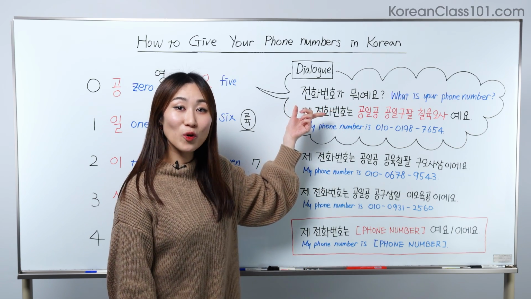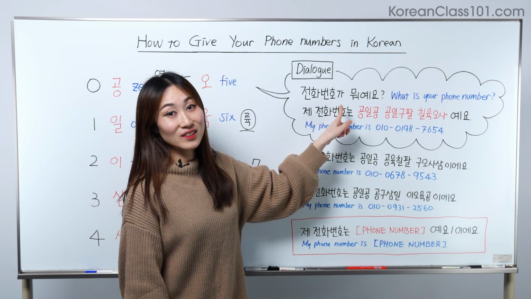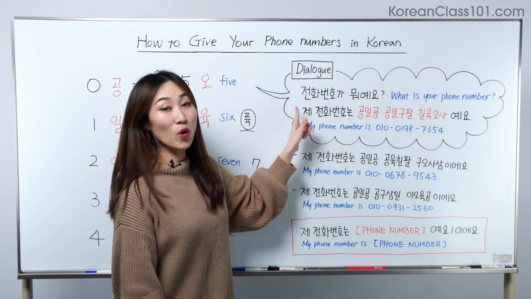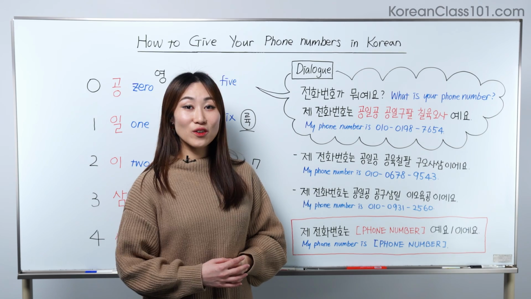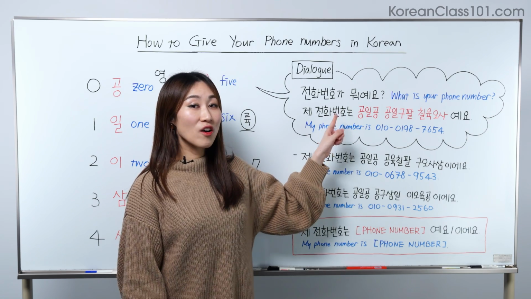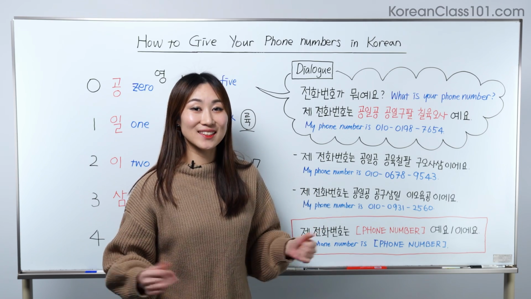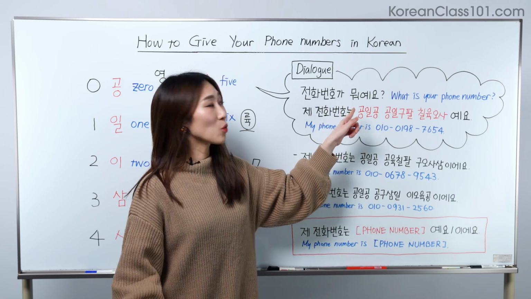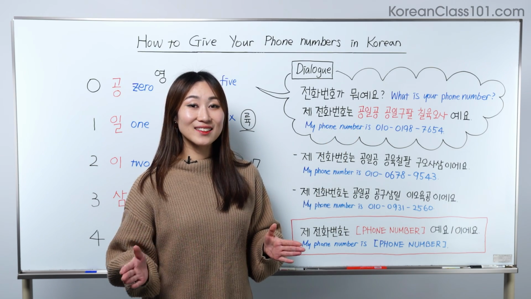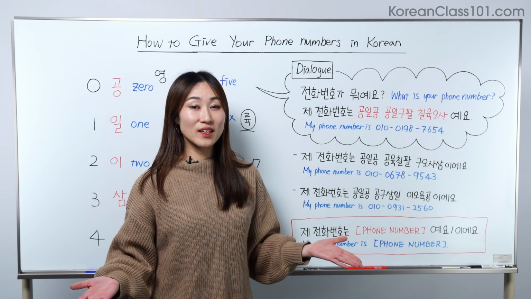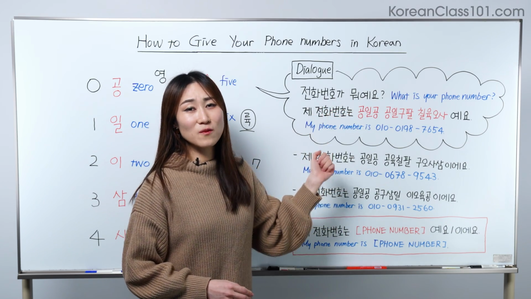Altogether, 전화번호 means phone number. 가 is a subject marking particle, marking 전화번호 as the subject of the sentence. 뭐예요? 뭐 is a shortened form of 무어 and it just means what. 예요 is from the verb 이다. It means to be. Technically, it's a particle, but it's used as a verb like to be.